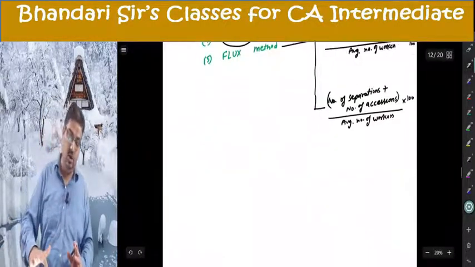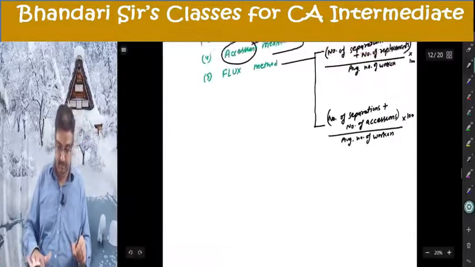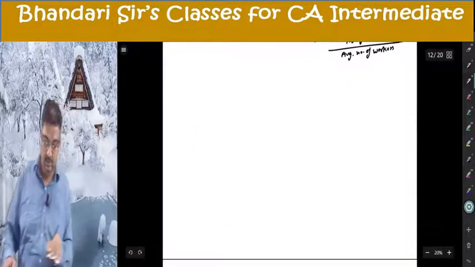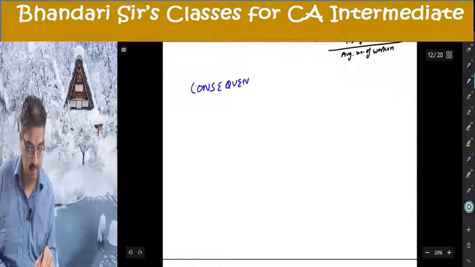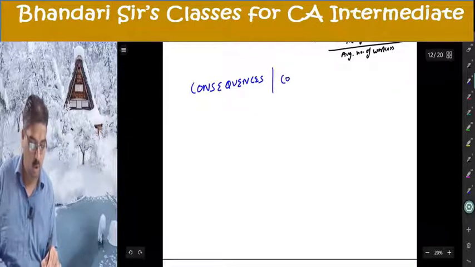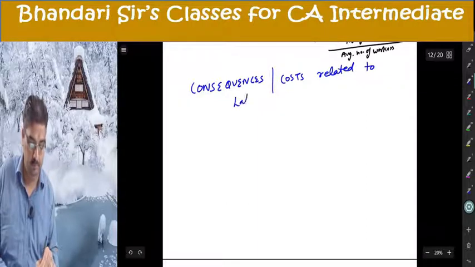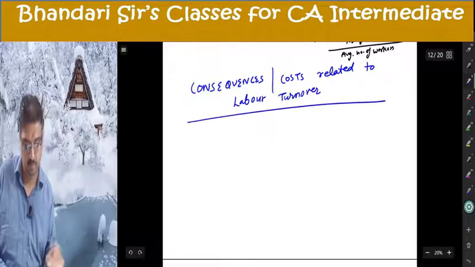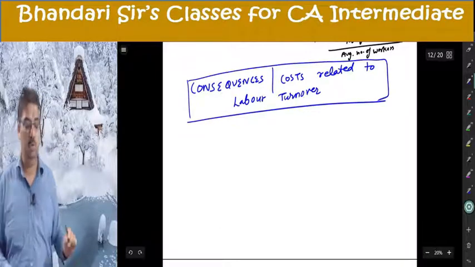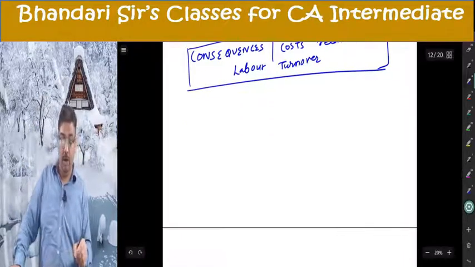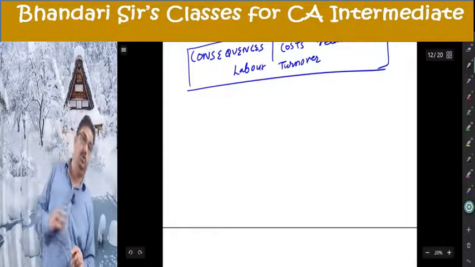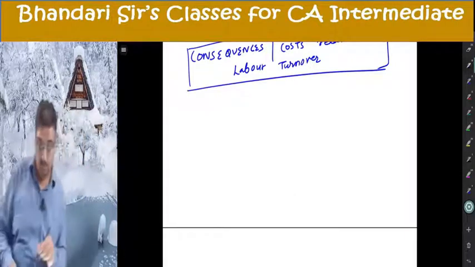Another thing in this, consequences or costs related to labor turnover. Now, one very important cost to remember in one practical question also, we will solve it later. Very important cost.